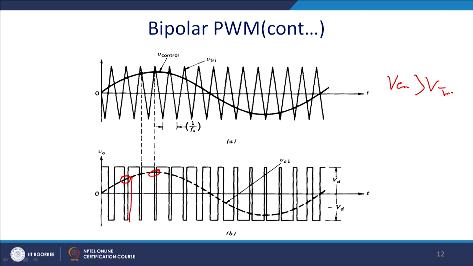This instantaneous voltage error is generally filled by harmonics, so the harmonic content will be greater. It is dominant, and when we discuss the harmonic spectrum, we will find that it is shifted by the ratio MF. A little later we will discuss unipolar PWM, and then we will find its applications and advantages.